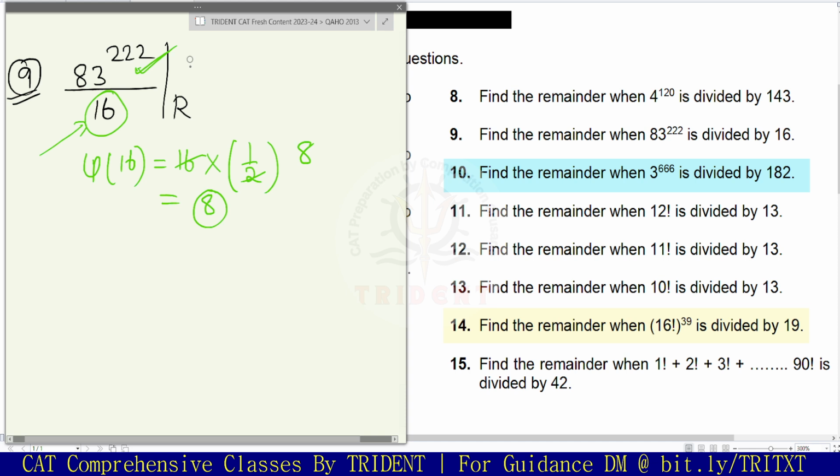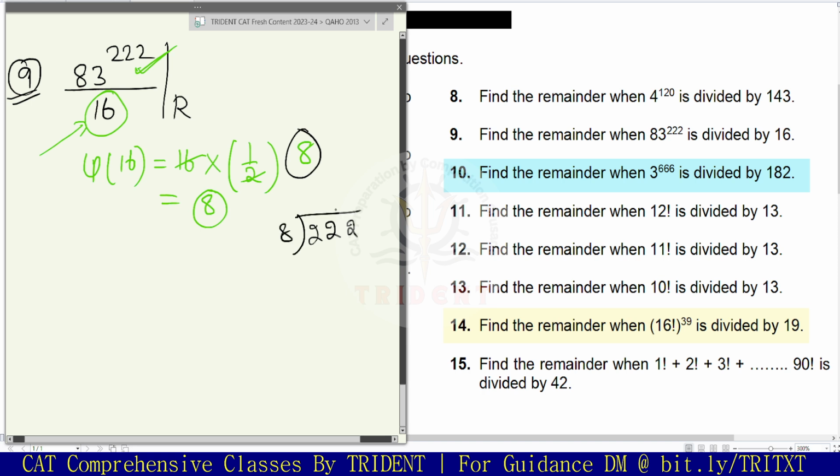Let me change the color. Okay, this is a big enough number, so we'll have to actually divide it. You can do it mentally also, but for the sake of simplicity I'm dividing. So 8 2s are 16, 7s are 56.